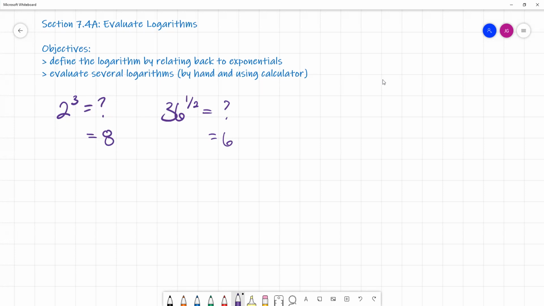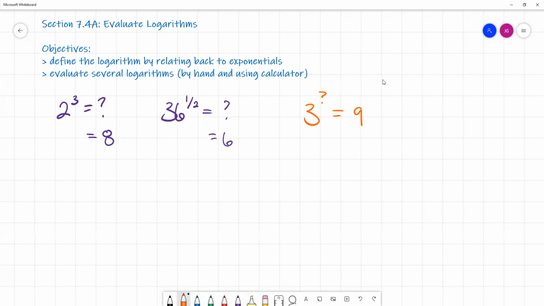The focus of 7.4 is for me to ask you a different type of question. Instead of asking you this number to this number is equal to what, I'm going to switch it up. What if I asked you, 3 to what power is equal to 9?